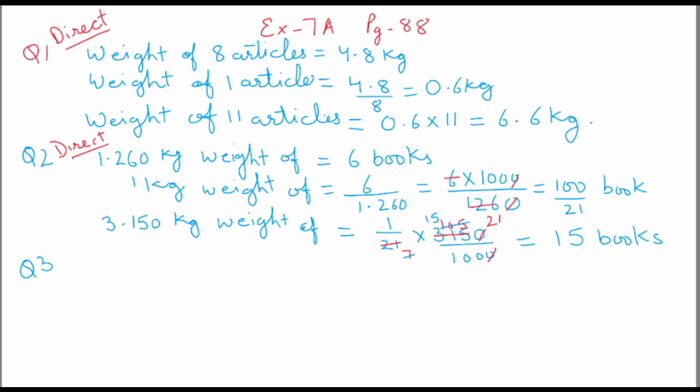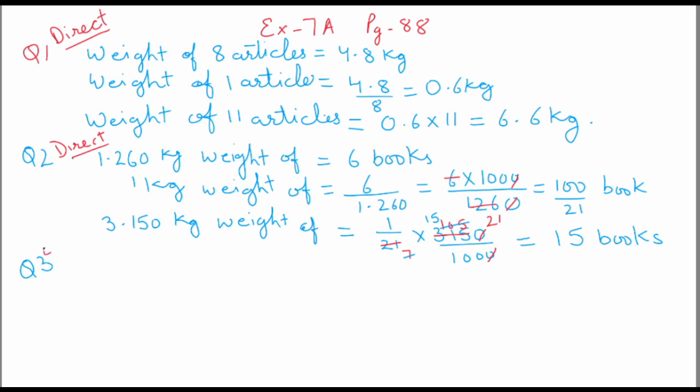Your third question is: 8 men complete a work in 6 hours. Now you see, for one man the work will be more. If the men are more, the work will be less. That means this is not the direct variation.